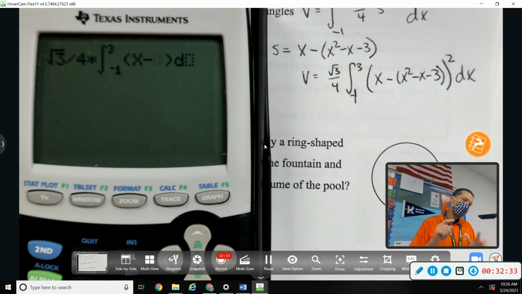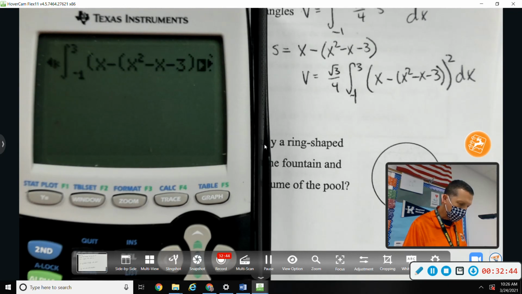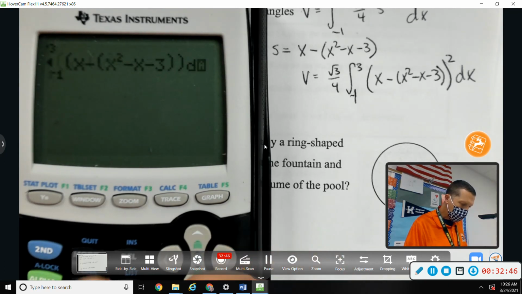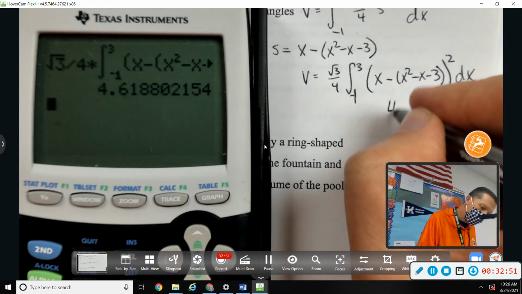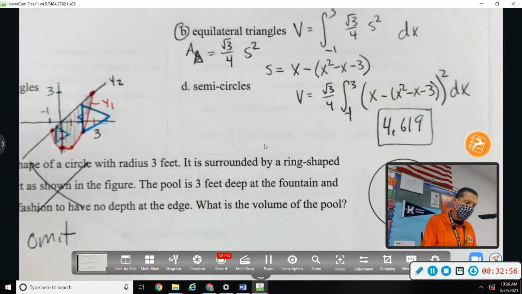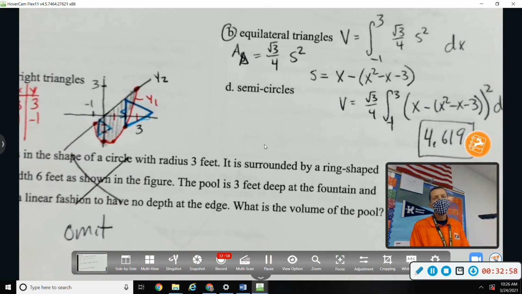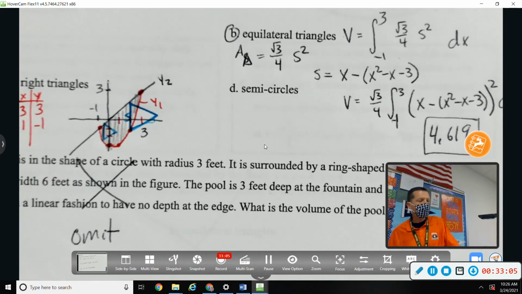Now you can distribute the negative sign on your own and put it in, or you can let the calculator do it with parentheses. I don't know, whichever one's easier for you to keep track of. 4.619 would be the volume of all of those triangles coming up out of that weirdly shaped base.